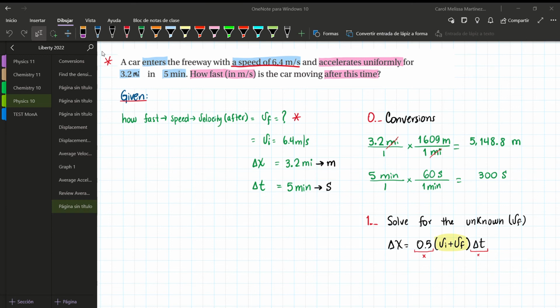So to isolate, I'm going to send them to the other side of the equation to divide. So my isolation will be delta x divided by 0.5 delta t is equal to my parentheses, that is initial velocity plus final velocity.